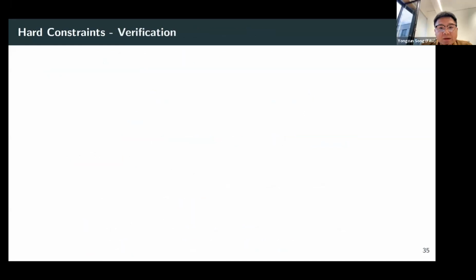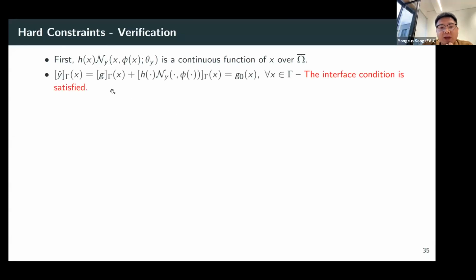And then we verify the boundary and the interface conditions. First, because of the construction of H(x) and Y, we know this function is a continuous function of x over the whole domain. And then we check the interface condition. Because the second part is smooth, and G satisfies the interface condition, so Y hat satisfies the interface condition.